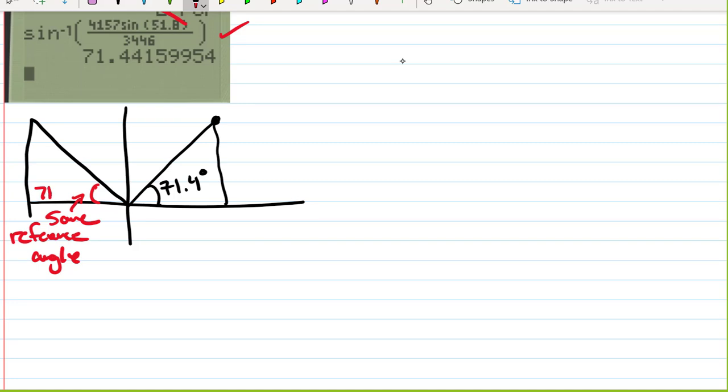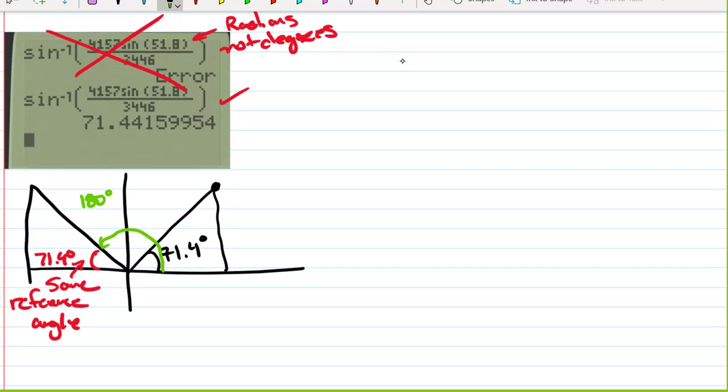So if that angle is 71.4 degrees, then the entire angle is 180 degrees minus the 71.4, which is equal to 108.6 degrees.